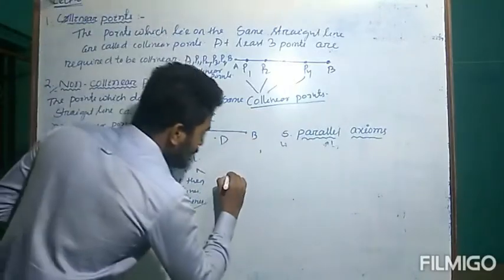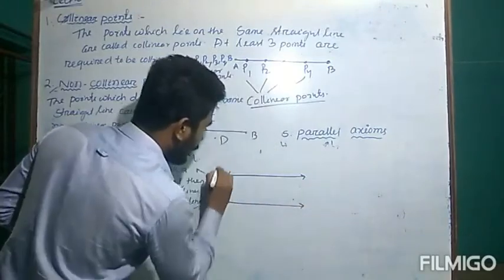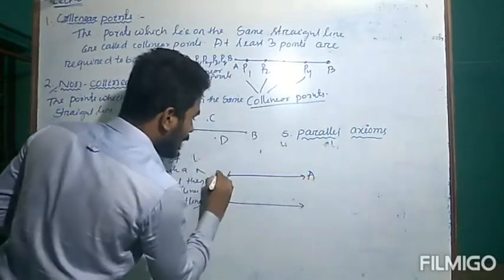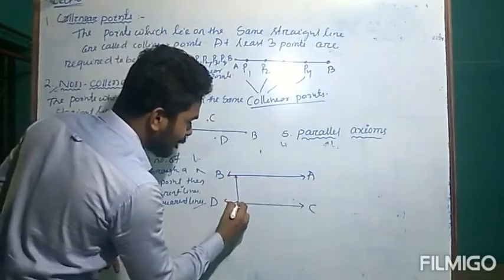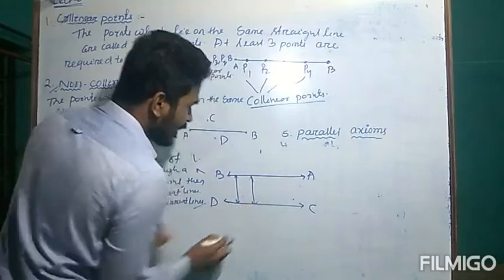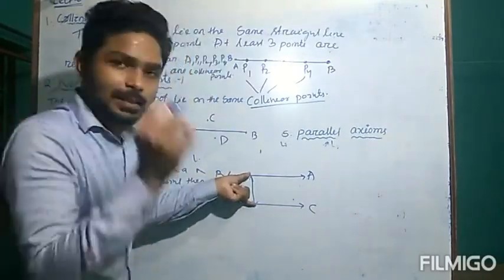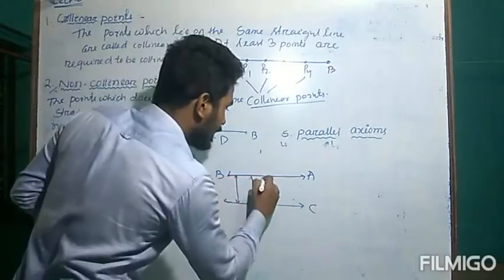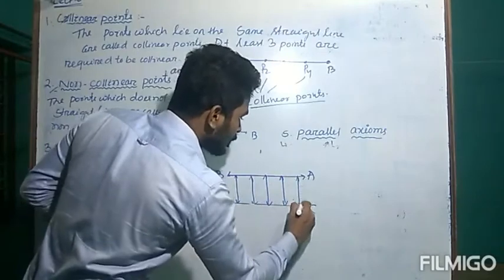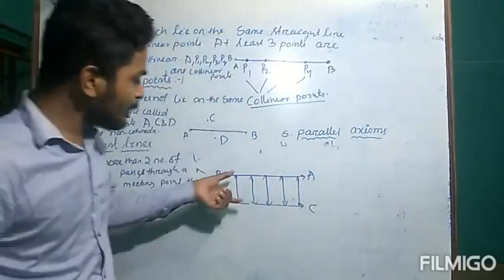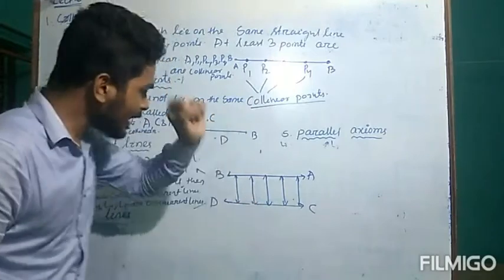So see here, if there are two straight lines AB and CD, and the distance between them is fixed, suppose 5 cm here, then here also the distance is 5 cm, and here also 5 cm.